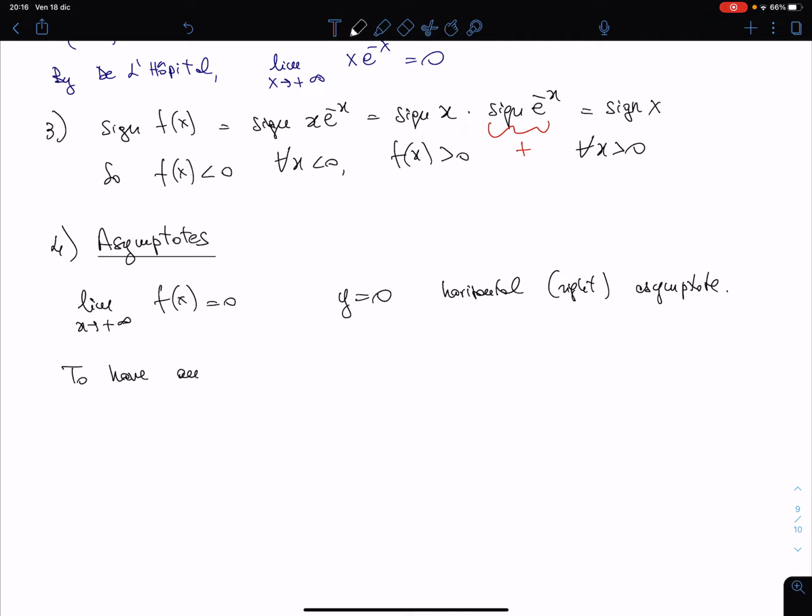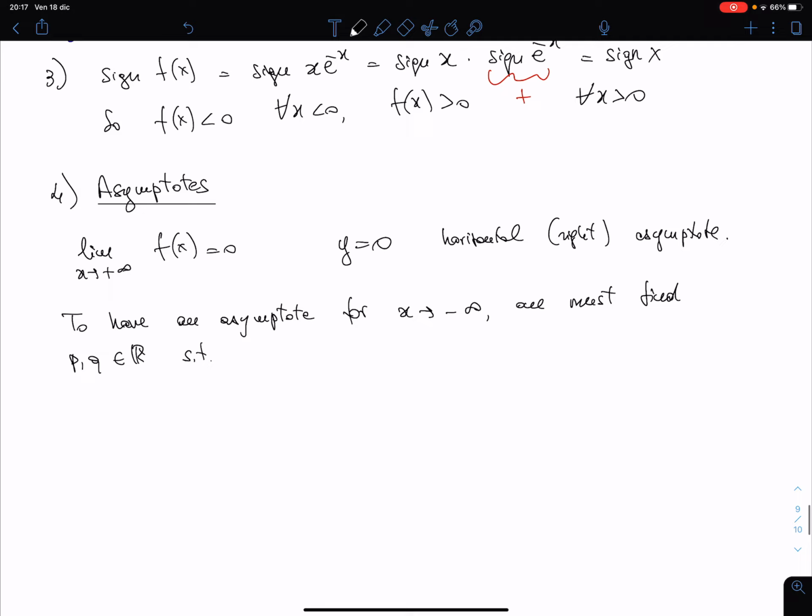To have an asymptote for x towards minus infinity, one must find two numbers m and q in R such that x e to the minus x is equal to mx plus q plus little o of 1.